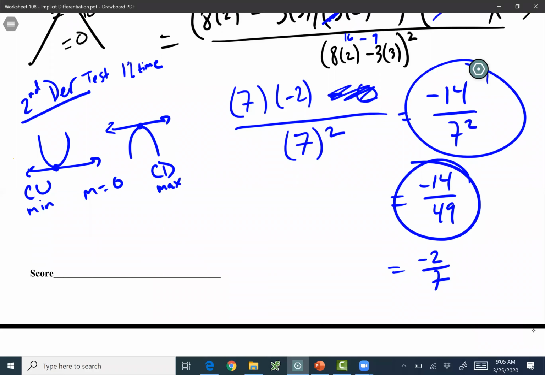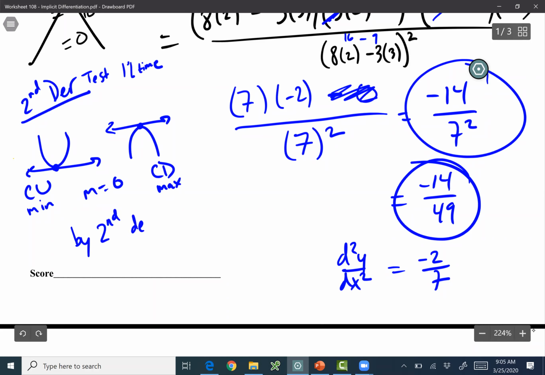Well, because this was the second derivative, we know that that's controlling concavity. So what we can say is by the second derivative test, 3,2 is a maximum because basically y prime equals 0, right?